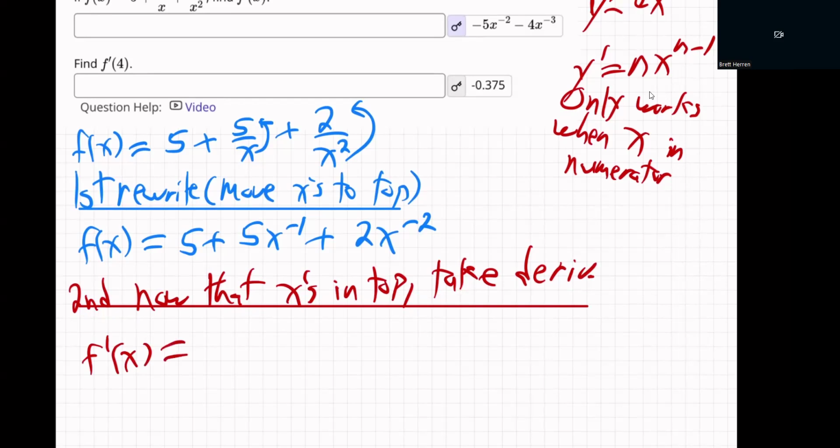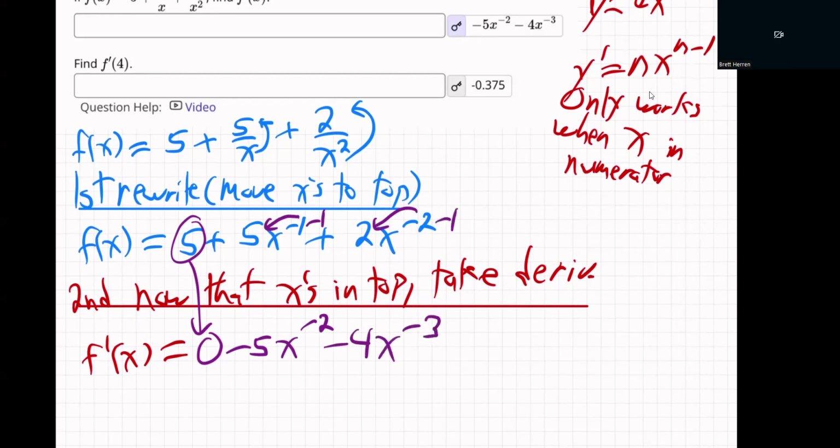What is the derivative of a constant number? 0. Remember that? And then what about this guy? This power comes down, so it'll be a minus 5, it multiplies, and then subtract 1 from the power, so negative 2. And then this power comes down, that's minus 4, and then subtract 1 from the power, x to the minus 3. So there's the derivative.